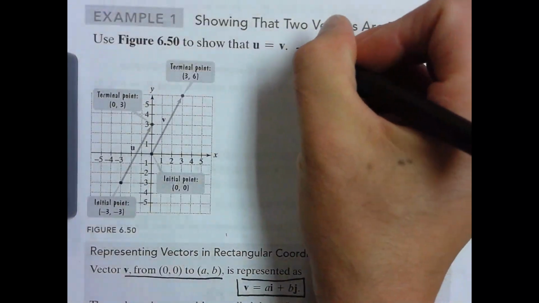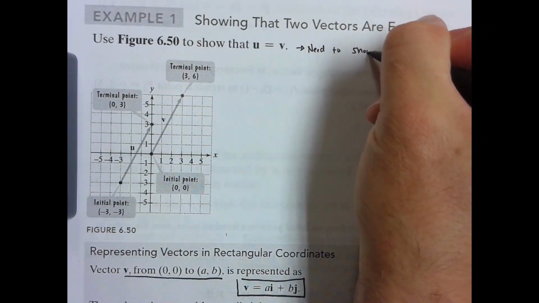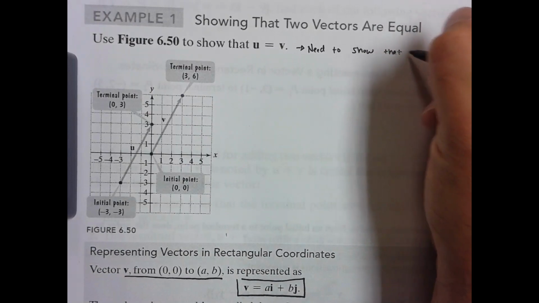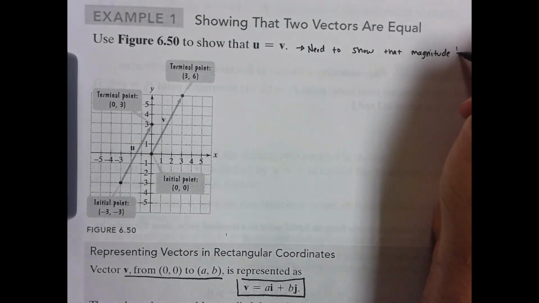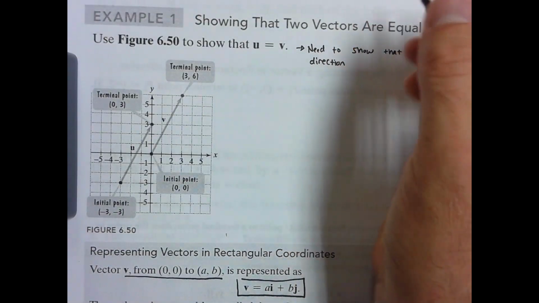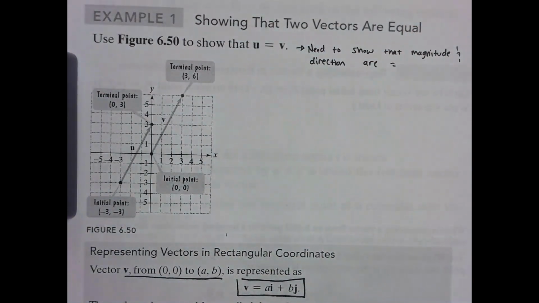To do that, like I said, we need to show that the magnitude and the direction are equal. I'll find the magnitude of one of the vectors as well as a way to show the directional component, and I'm going to have you all do the exact same.